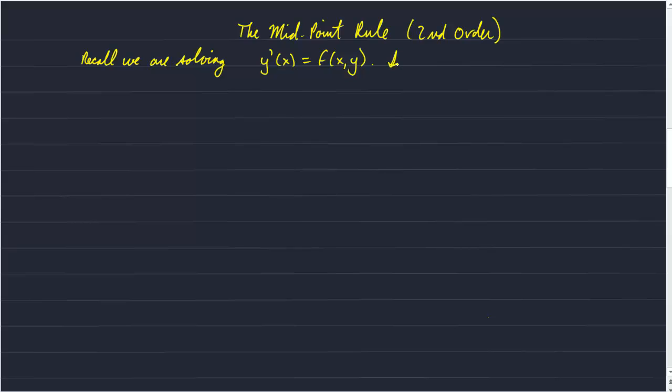So in terms of derivatives, the Taylor series gives an exact solution for y at some point x sub n plus 1 relative to another point.